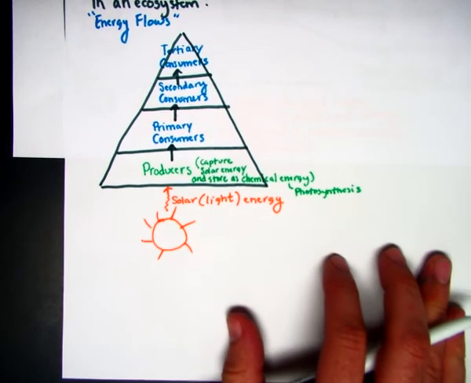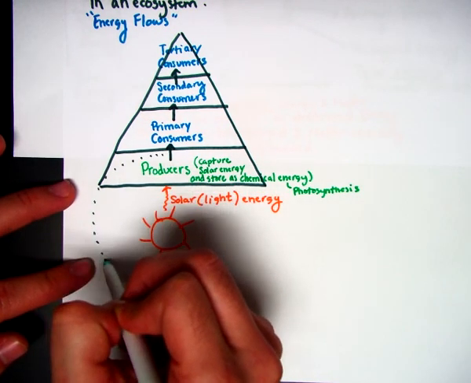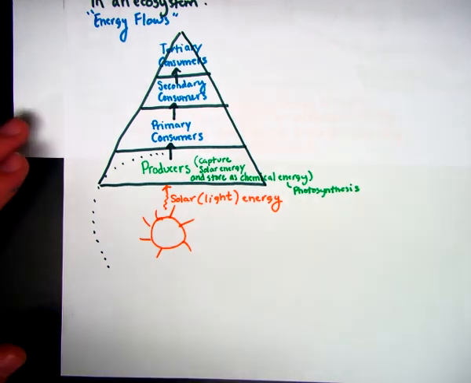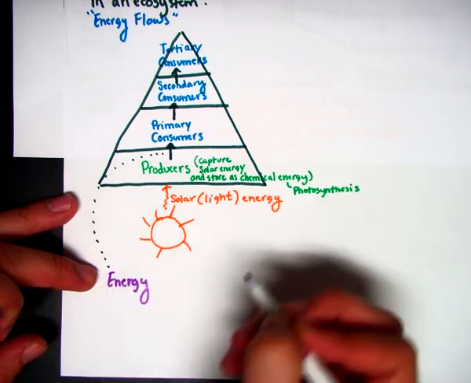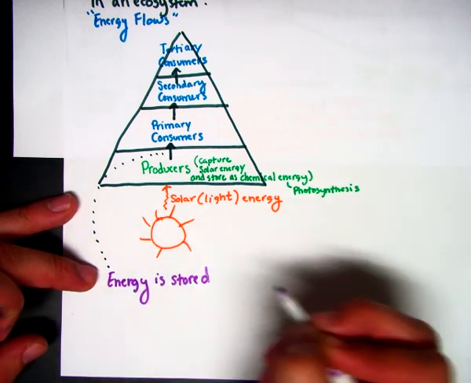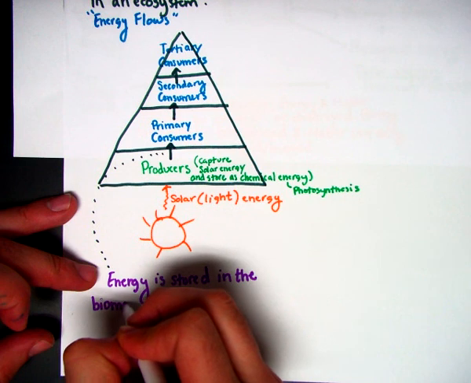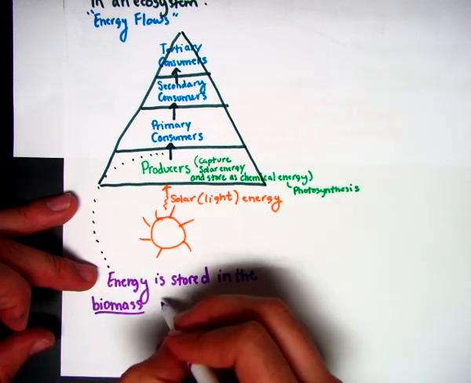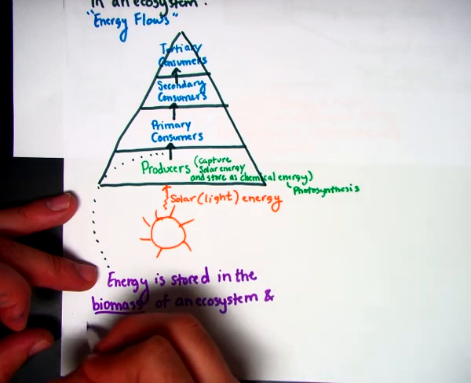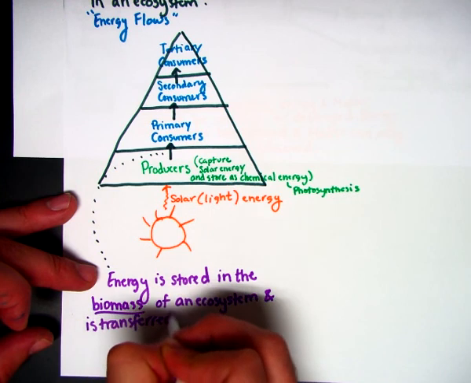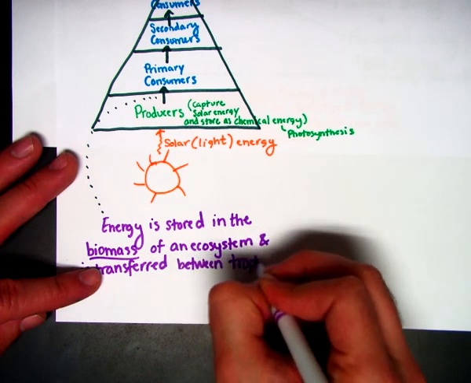A quick note down here. So, energy is stored in the biomass of an ecosystem and is transferred between trophic levels.